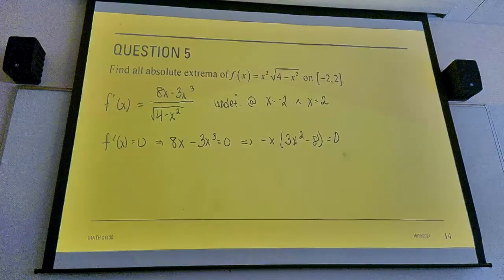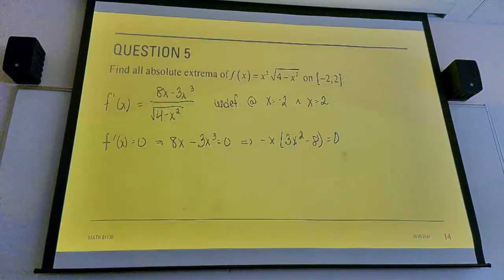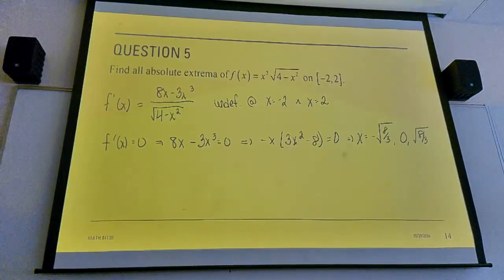Factor out a negative x. Negative root 8/3, 0 and root 8/3. 5 critical points.